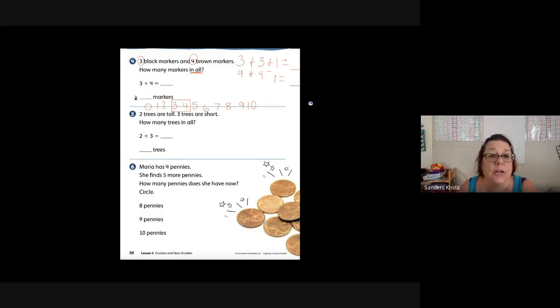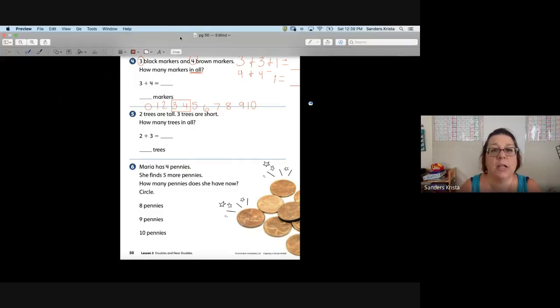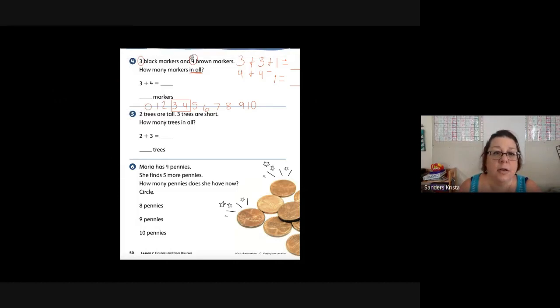So let's try this out. If we have 3 and 4, I'm going to get a different color. I'm going to draw 3, 1, 2, 3, and then I'm going to draw 4 more. 1, 2, 3, 4.